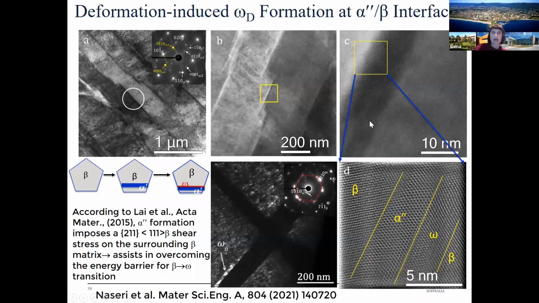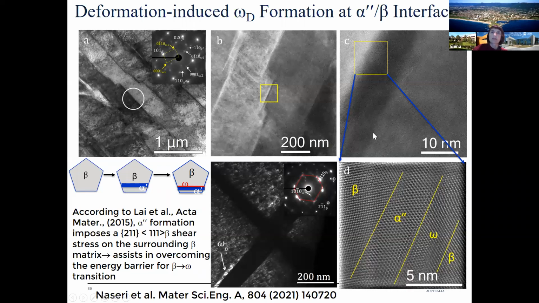But omega could be forming not only directly in the beta phase, or be fully surrounded by beta phase, but also in cases when we already have formation of alpha double prime, like shown here. This is alpha double prime, as you could see from the diffraction pattern from this area, and then we zoom in into this area. So this is a pretty small alpha double prime plate forming.